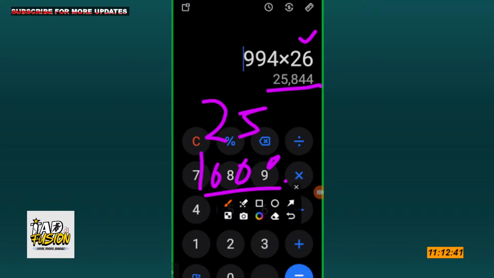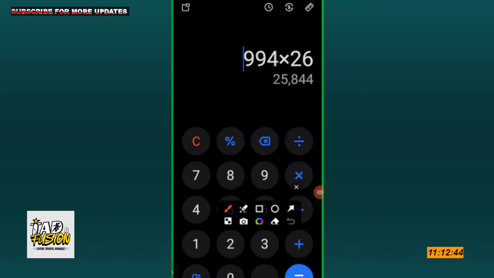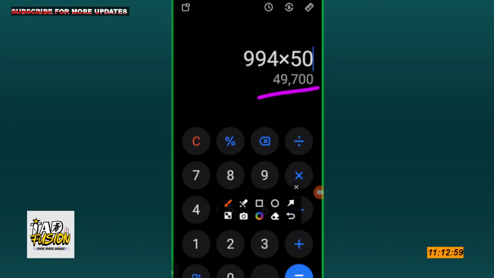Now, if the price of the token goes to, let's say, $50, that means you will be selling your tokens at $50. You'll have $49,700. That is over 200 million Ugandan shillings in 1 year.